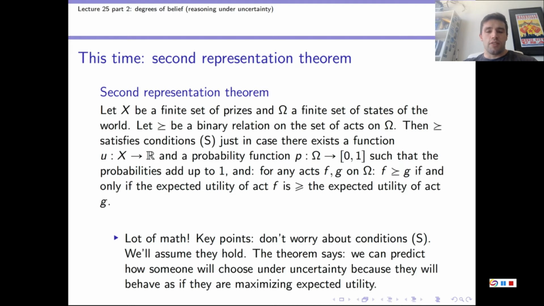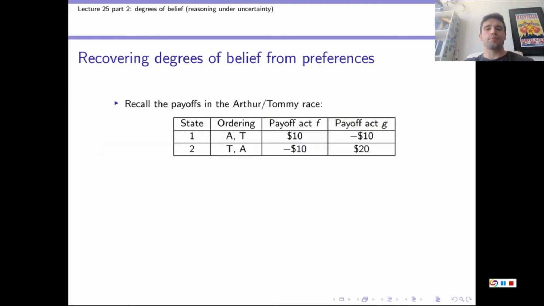So to make sense of everything on the screen, we're going to talk through an example. In the example, we will again show how to recover subjective degrees of belief from one's preferences about acts. To make things simpler, I'm going to give you the utility function in this example. So let's return to our bets on the race between Tommy and Arthur.